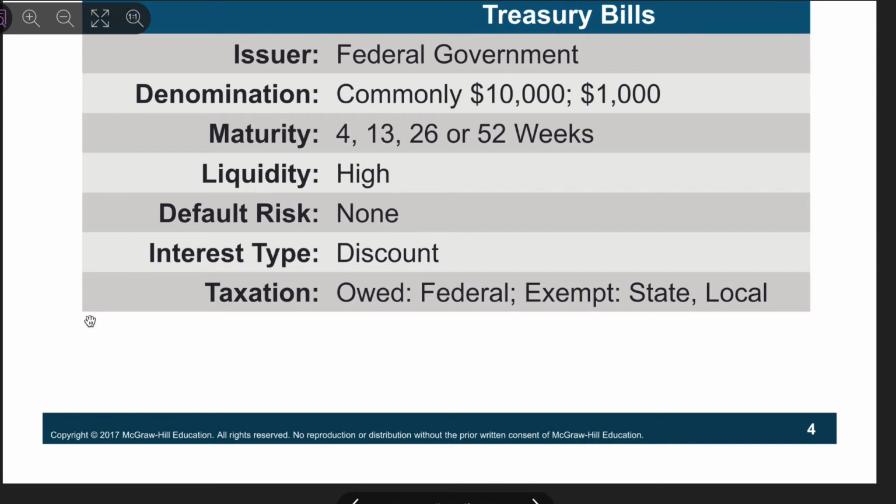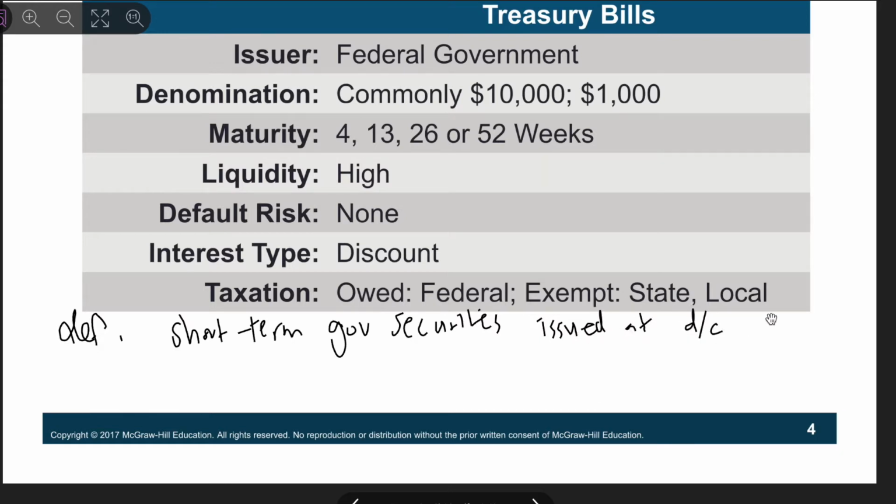Once again, I'm going to rewrite it briefly. The definition is short-term government securities issued at a discount from face value, and returning the face value.